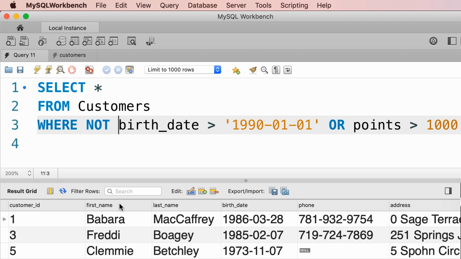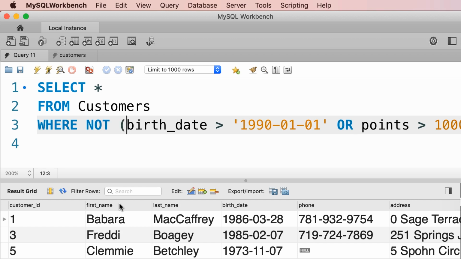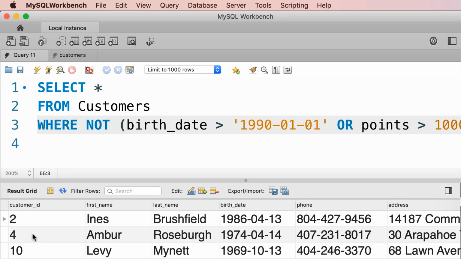So we apply NOT here, and preferably we also put parentheses around this condition. Now when we execute this query, we'll see other customers that are not in the current result set. Let's take a look. So instead of customers with IDs 1, 3, 5, 6, and so on, we get the customers with IDs 2, 4, and 10.